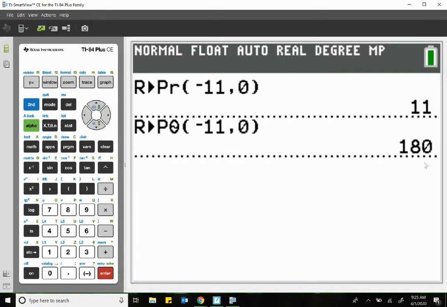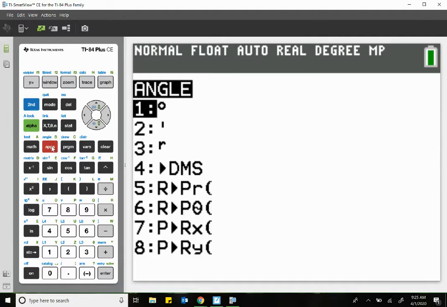All right. So then from here, you could also do, like those beginning problems that we did, that negative 7, 120. You can go to second apps and convert to rectangular.